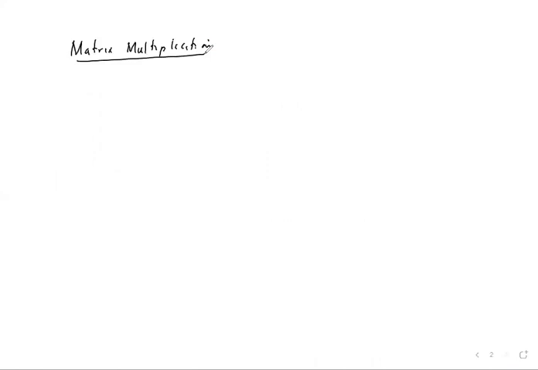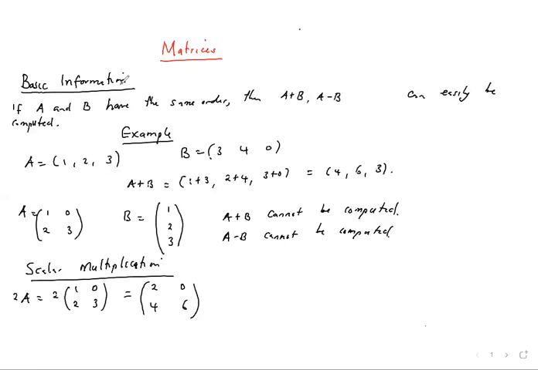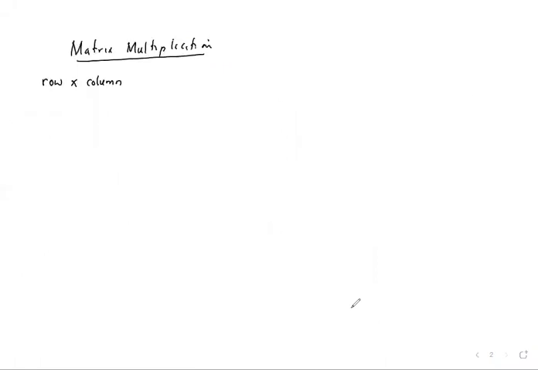Matrix multiplication, we multiply row by column. So you multiply row by column.